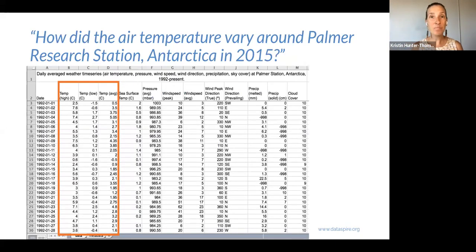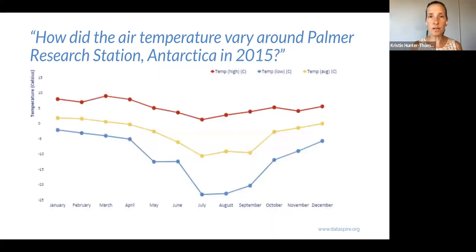And then we know exactly what part of the data set we're interested in. We don't want 1992. We want to look through this data set to get down to 2015. And we don't care about any of these other variables or attributes. We just want temperature. Maybe we want all three, maybe we want just one, but that is a decision we can make to keep refining.